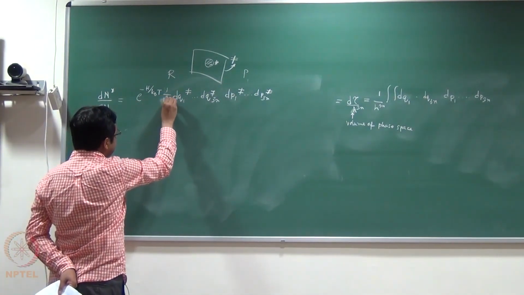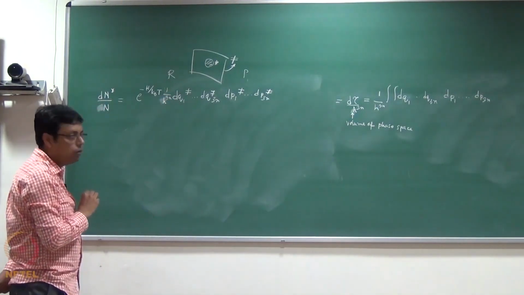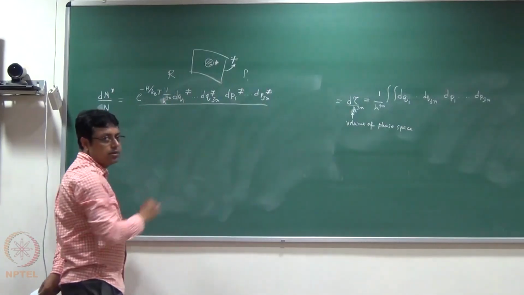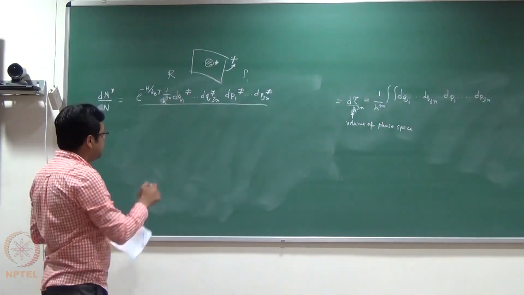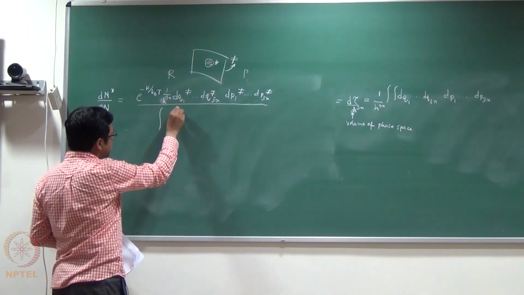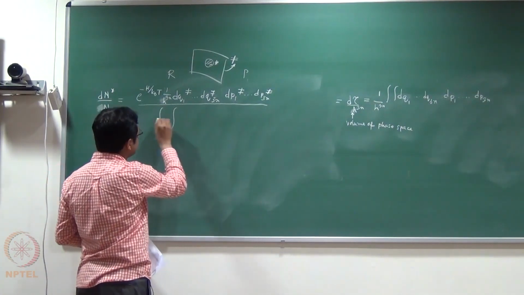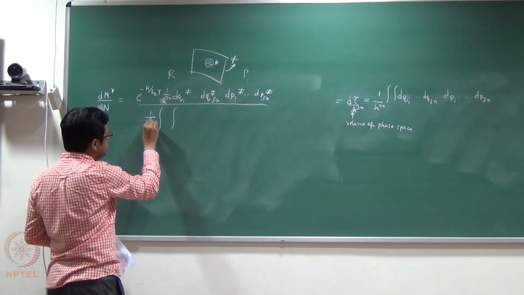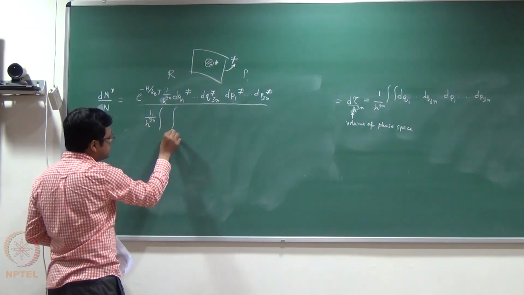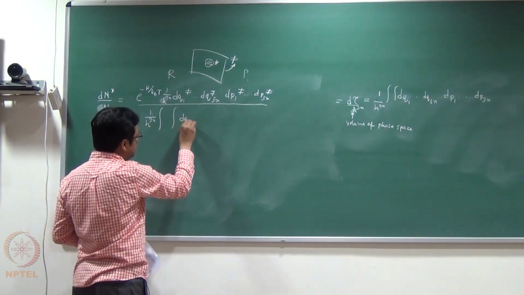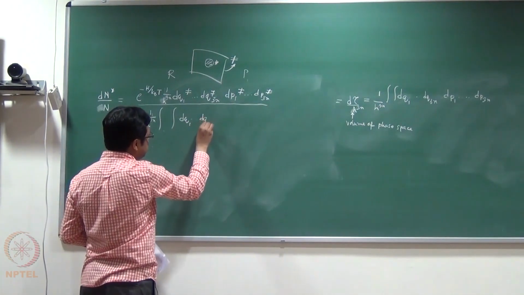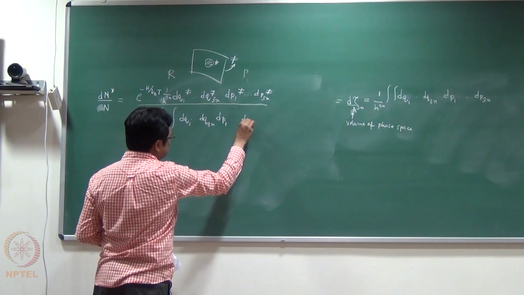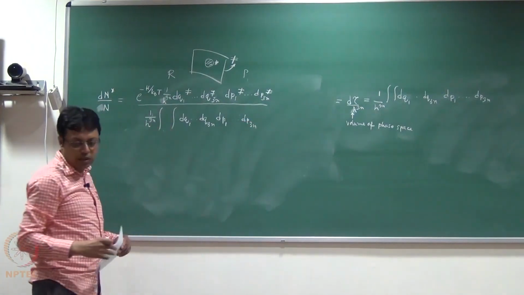And in order to calculate the number of states, I definitely have h to the power 3n, divided by n. Now, what is n? N is basically the total number of states. So n is an integration, 1 over h to the power 3n, which has 6n integrations. Now look at the notation here.